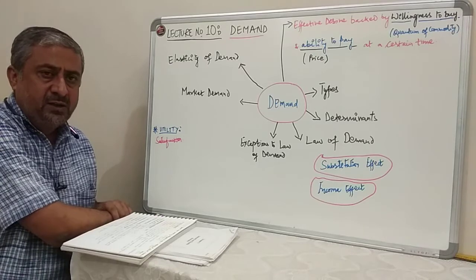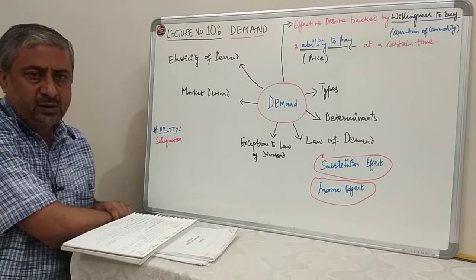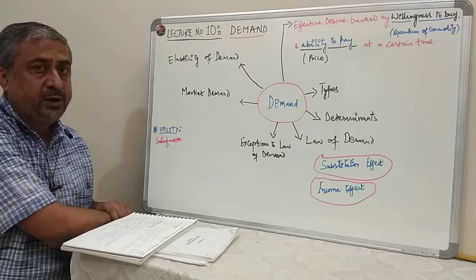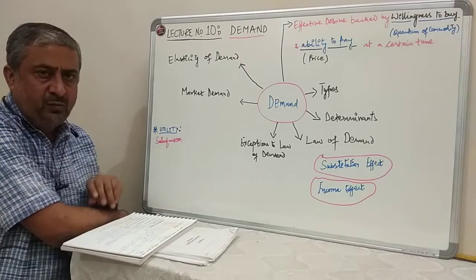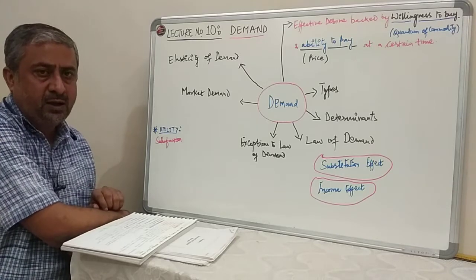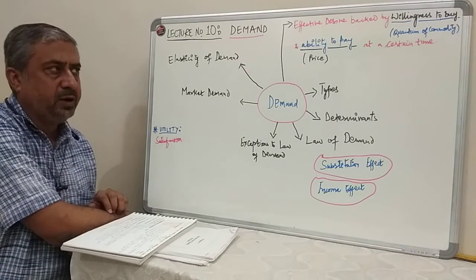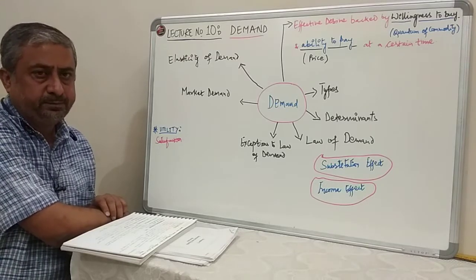So, any desire to be effective has to be backed by two things. What is that? Willingness to buy and ability to pay. Any desire which is backed by willingness to buy and ability to pay at a certain price is what we call demand.